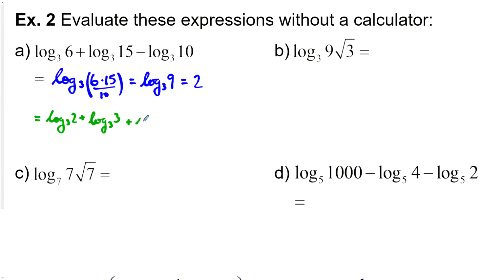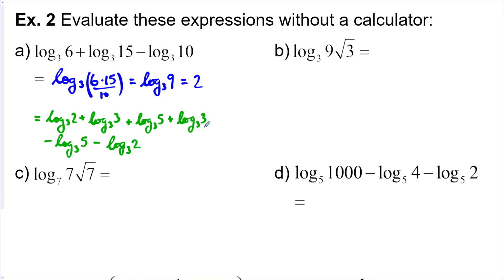So this would be log base 3 of 5 and log base 3 of 3. Now I'm going to break apart this term, minus log base 3 of 5 minus log base 3 of 2, because 5 times 2 is 10.